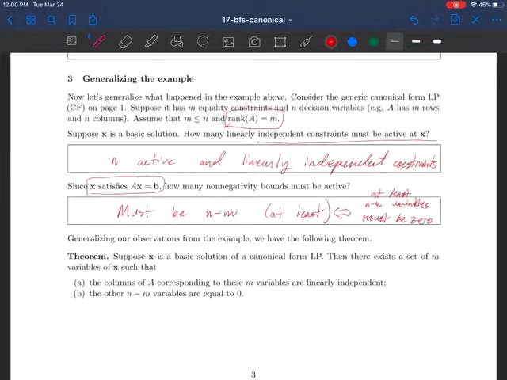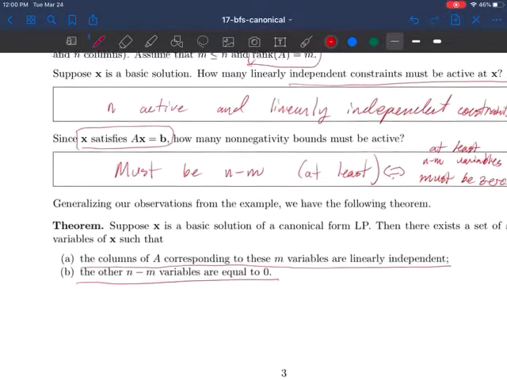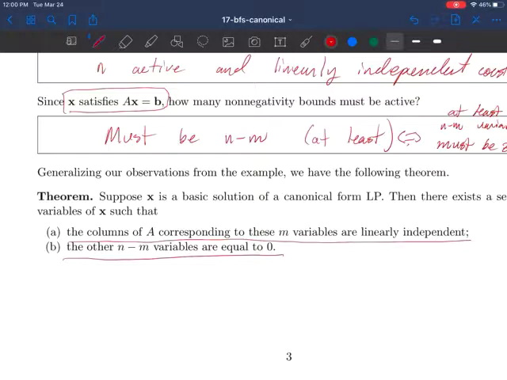So this is really where we get our theorem. If x is a basic solution of a canonical form LP, then there exists a set of m variables such that the columns of A corresponding to these m variables are linearly independent. The other n minus m variables are equal to 0. The real way I think this is useful to do is you set n minus m variables equal to 0.